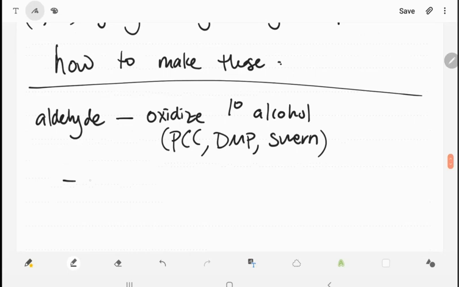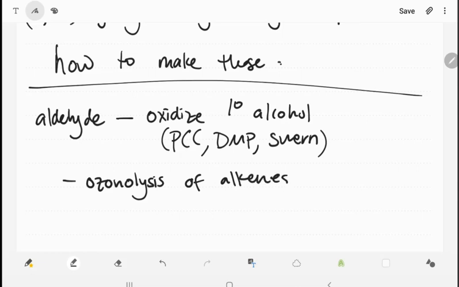We can also do ozonolysis. Ozonolysis of a terminal alkene. Actually, no, this is on any alkene will work. Where that gives you aldehydes or ketones, depending.